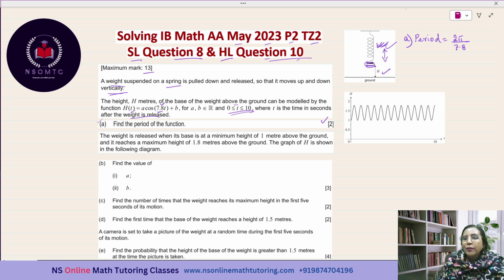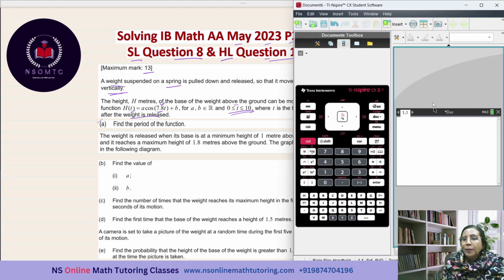Therefore, period is equal to 2 times pi over 7.8. Enter.